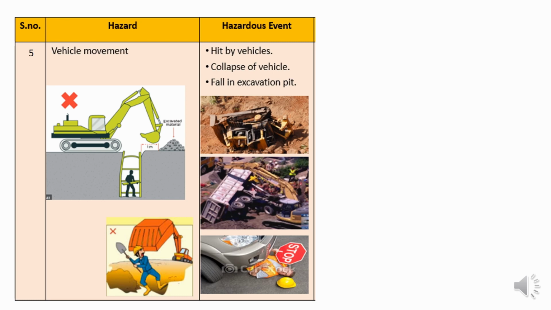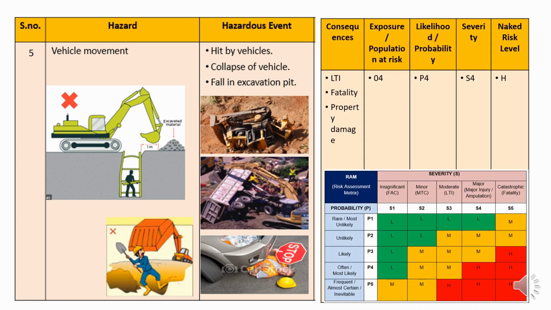So let's come to the next hazard, which is vehicle movement. Yes, vehicle movement is a hazard which may lead to being hit by a vehicle, collapse of vehicle, or fall into the excavation pit. Let's come to the consequences. If this hazardous event happens, it will lead to LTI, fatality, property damage, and exposure is the same for likelihood or probability.